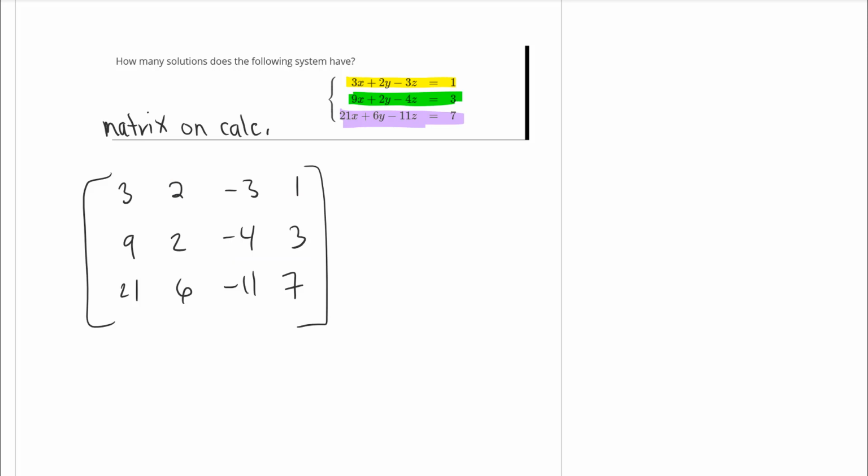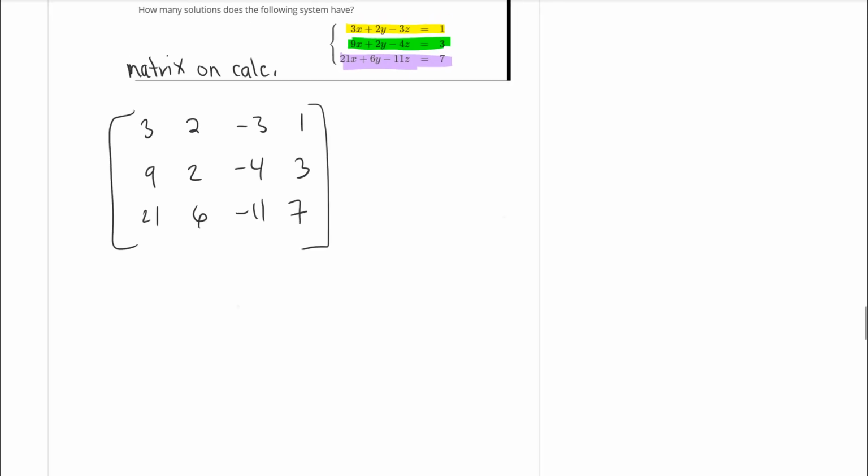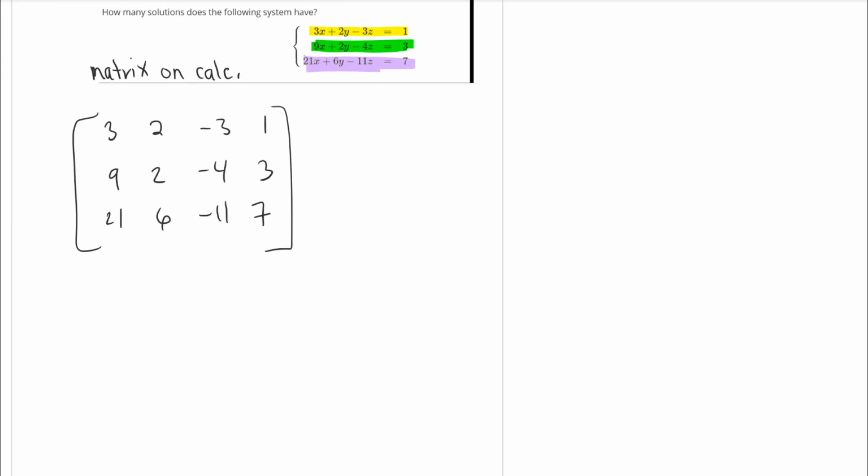So now that I've written all of the coefficients in my matrix according to the row and the position, there's a couple of things you need to know. So this is row 1. This is my row 2. This is my row 3. This is my column 1, my column 2, my column 3, and my column 4.